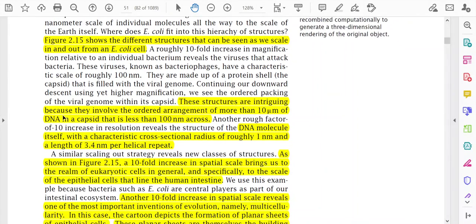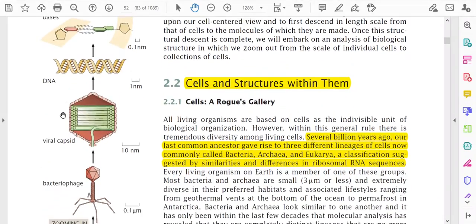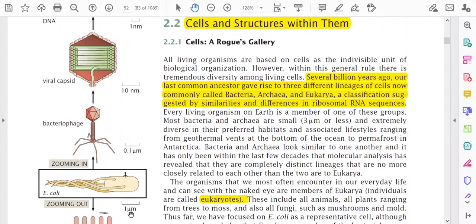The size of the E. coli is 1 micrometer, and if the magnification increases 10 times, you will be able to see 0.1 micrometer.